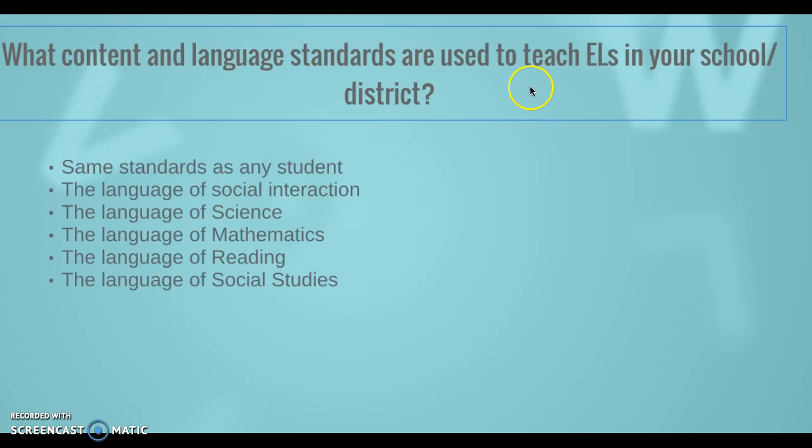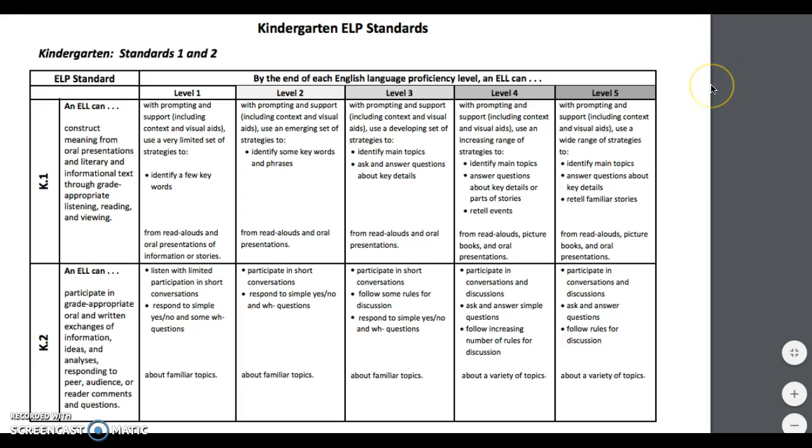I also looked up English language proficiency standards for kindergarten, since that's what I teach. And the first standard says an ELL can construct meaning from oral presentations and literary and informational text through grade-appropriate listening, reading, and viewing. So for example, a level 1 would be they can do this with prompting and support, including context and visual aids.